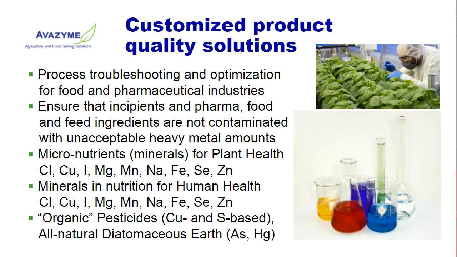So ICP-MS can measure the levels of these undesirable heavy metals in just about any food and beverage matrix that you can think of. And thus, ICP-MS makes a very important contribution to food safety, but also food quality.